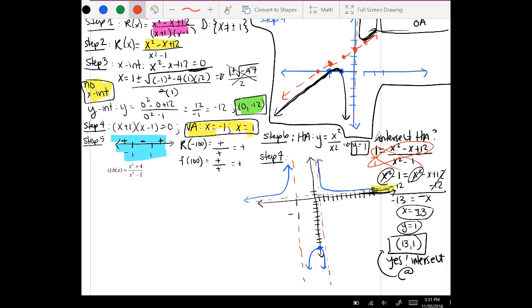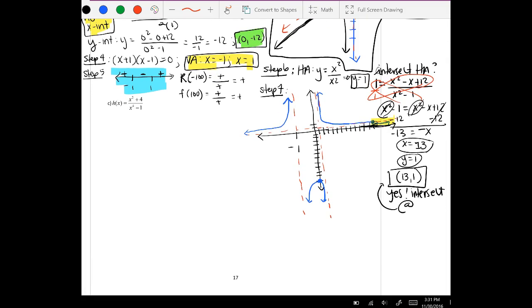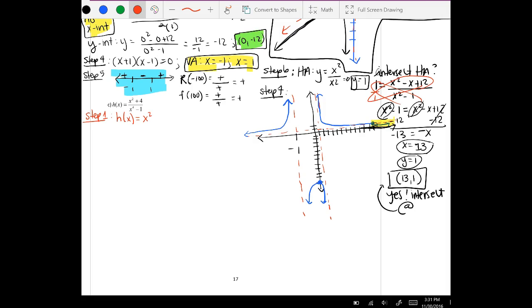Okay, let's move on to example C. Yes, we are, okay? Example C, let's look at our step 1. Step 1. H of x equals, let's see if I can factor. On the top, it's x squared plus, so that would not be factorable.